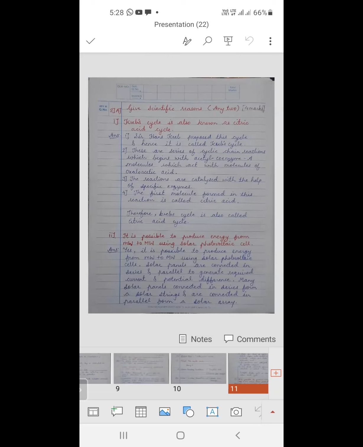Solar panels are connected in series and parallel to generate the required current and potential difference. Many solar panels connected in series form a solar string, and strings connected in parallel form a solar array. If you write point wise, it is considered, and if you write in this way also, you can get full marks. Okay. Now the next question.